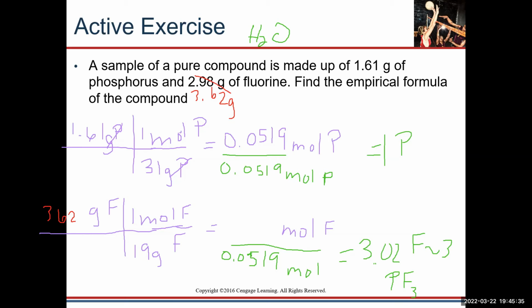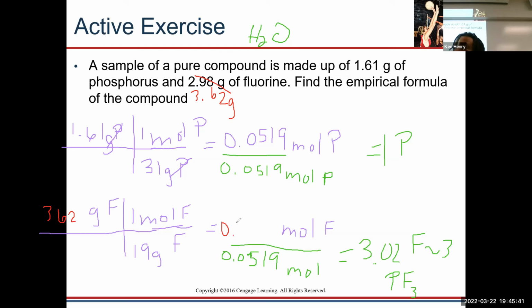0.1905, it's at 0.191. Okay, moles. So then that would give me 3.66.